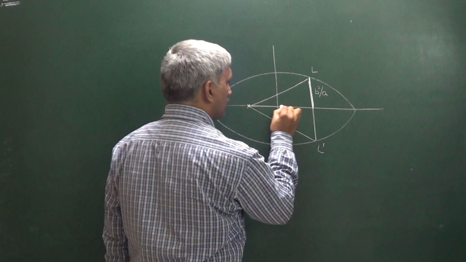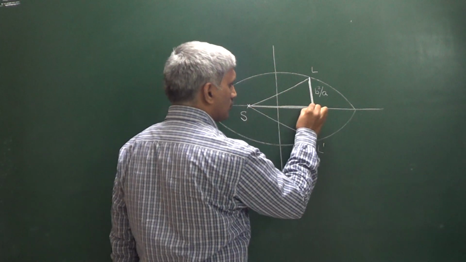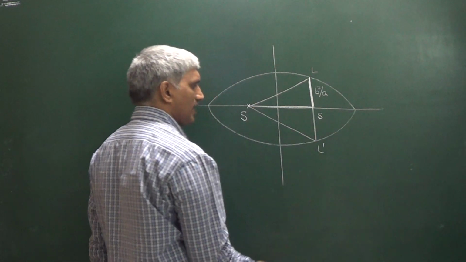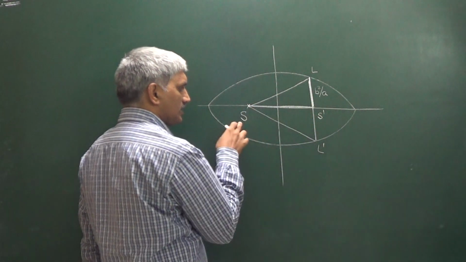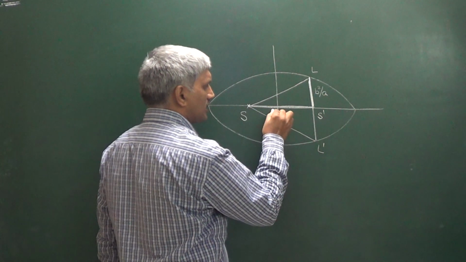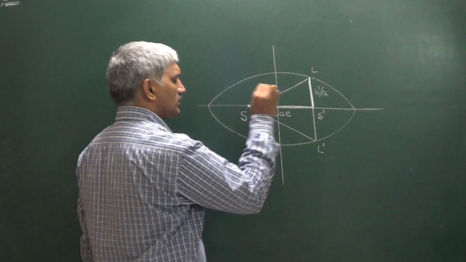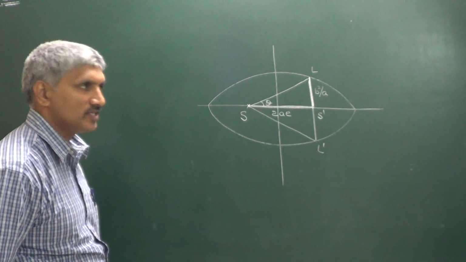And the distance between foci, if you are taking this one as S, that becomes S dash. The distance between foci is equal to 2ae. Now I am taking this angle as theta.